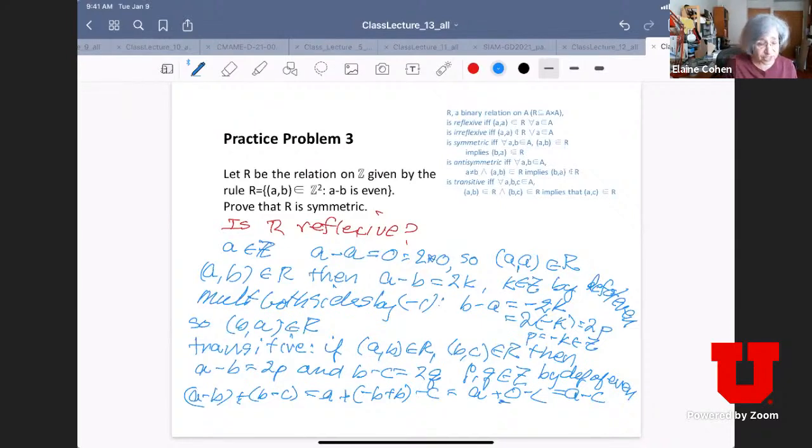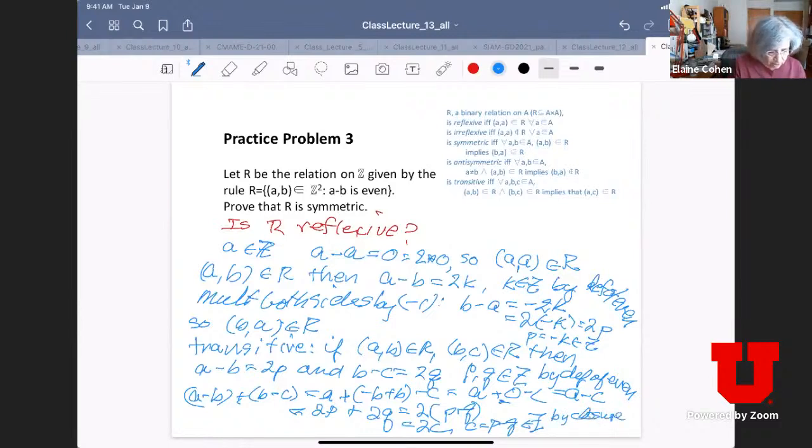And that's equal to A minus C. But no, wait a minute. What was A minus B? That was 2P. And B minus C is 2Q. So that's equal to 2P plus 2Q. That's distributive law. And that's equal to 2 times R, where R equals P plus Q in Z. That's by closure. So we have now had a relation that is reflexive.